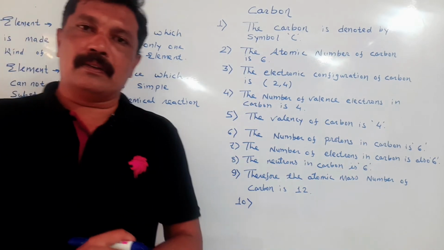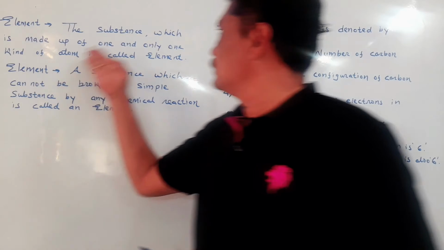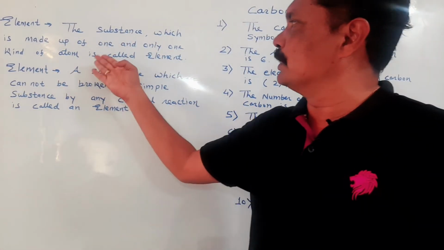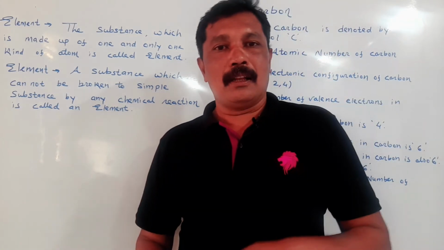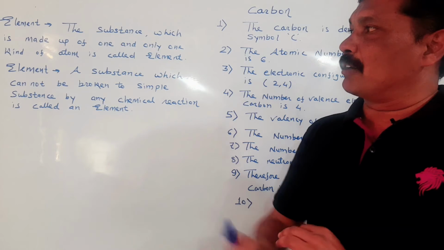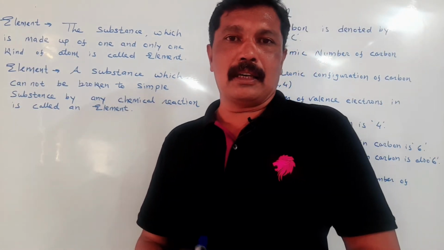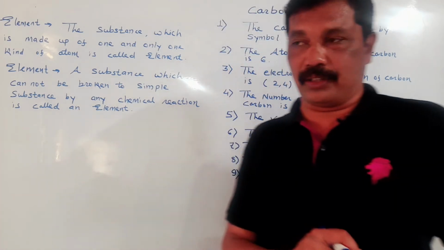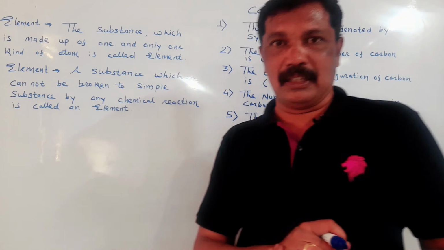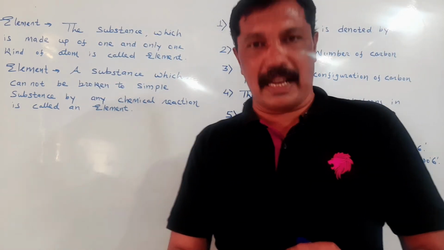My dear student, when we were in 7th standard, we studied that the substance which is made up of one and only one kind of atom is called an element. We also studied what is a monoatomic element and a diatomic element. But when you go to 9th standard, the element is considered regarding taking part in chemical reactions, and therefore on the basis of chemical reactions and chemical properties, we get the upgraded definition of element in 9th standard.